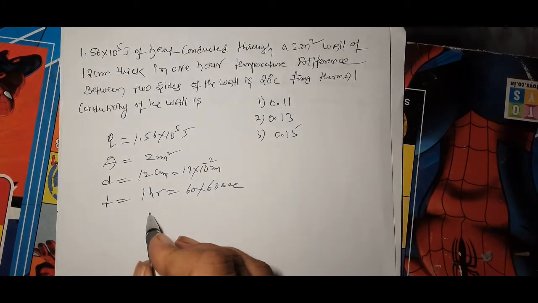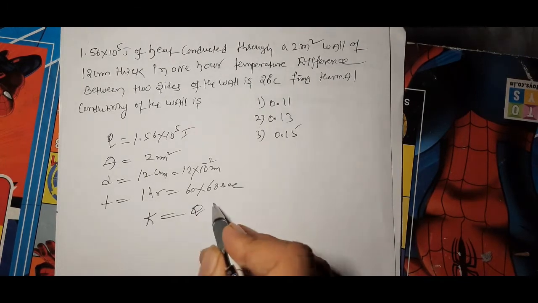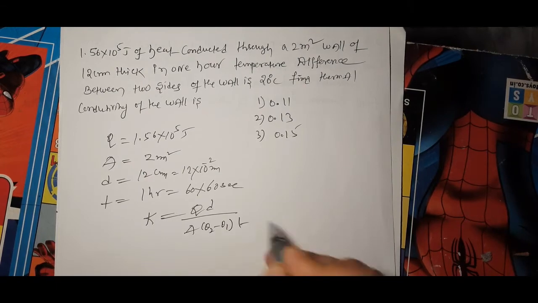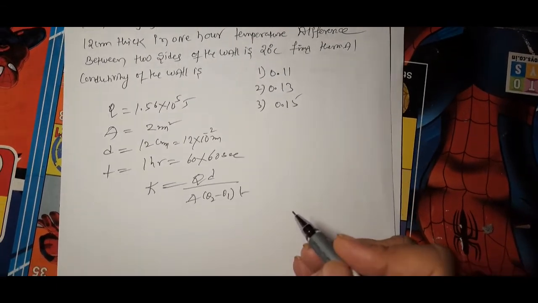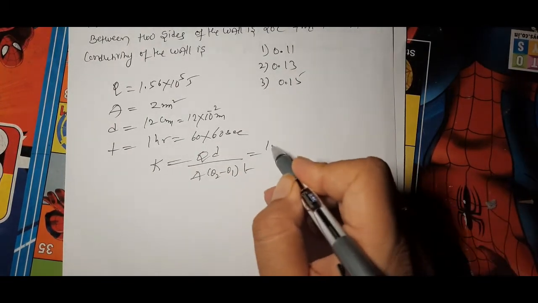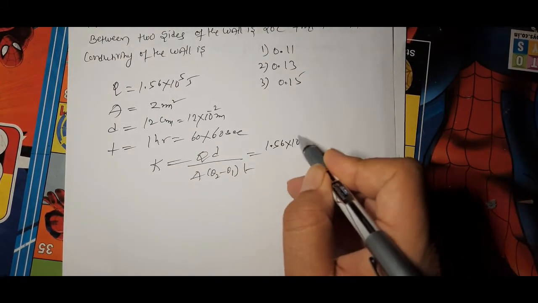So, we know that K is equal to the formula QD by A into theta 2 minus theta 1 into T. Q is equal to how much here? 1.56 into 10 to the power of 5.